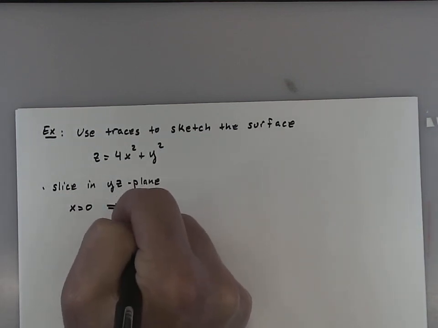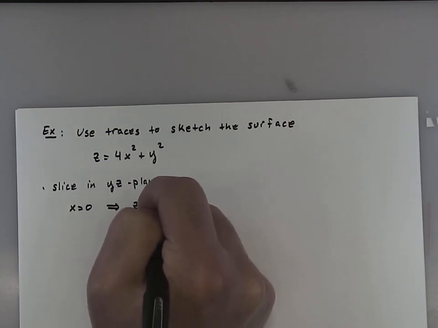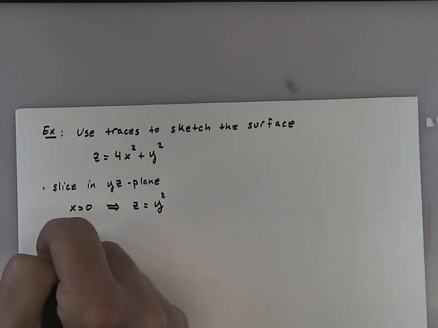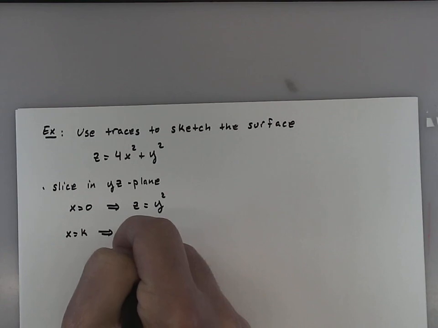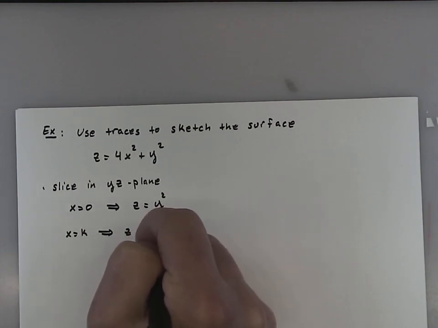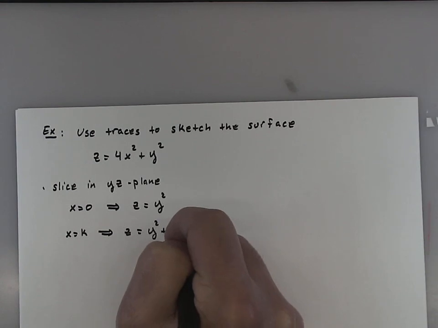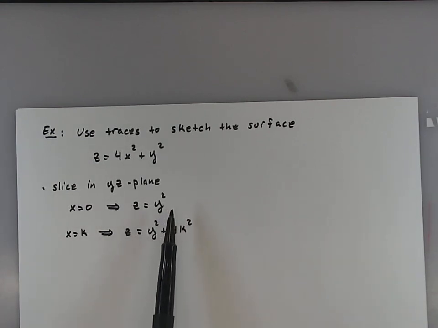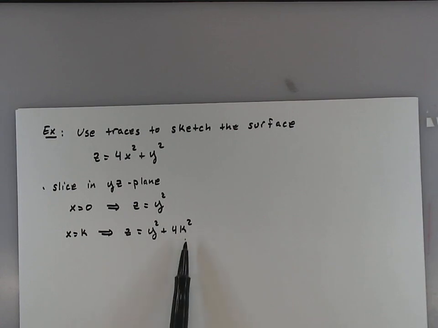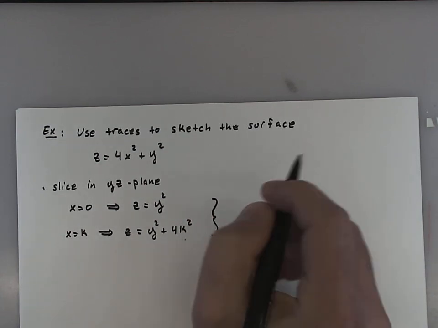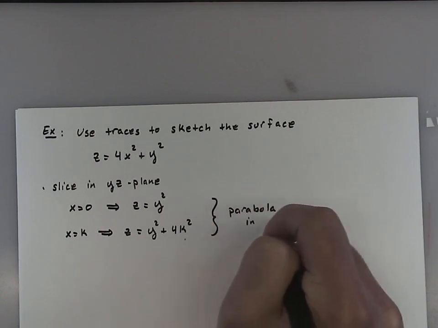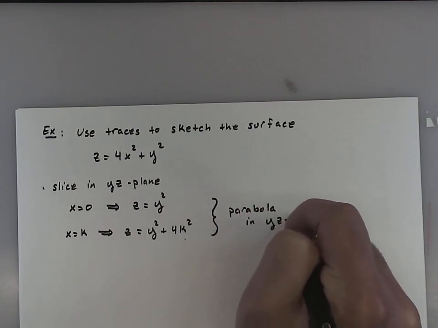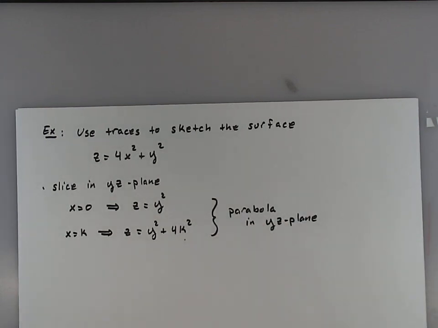If x is 0, this equation turns into z equals y squared. If x is some constant k, this equation turns into z equals y squared plus 4k squared. So z equals y squared is a parabola. y squared plus a constant is also a parabola. So this is a parabola in the yz plane.